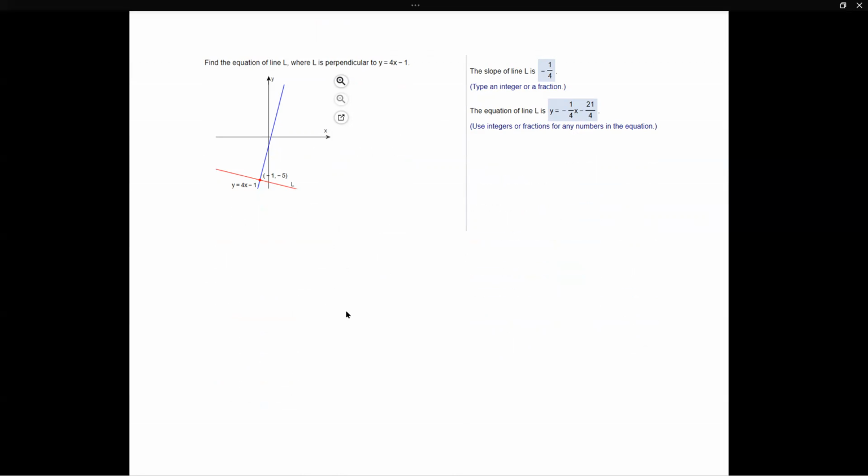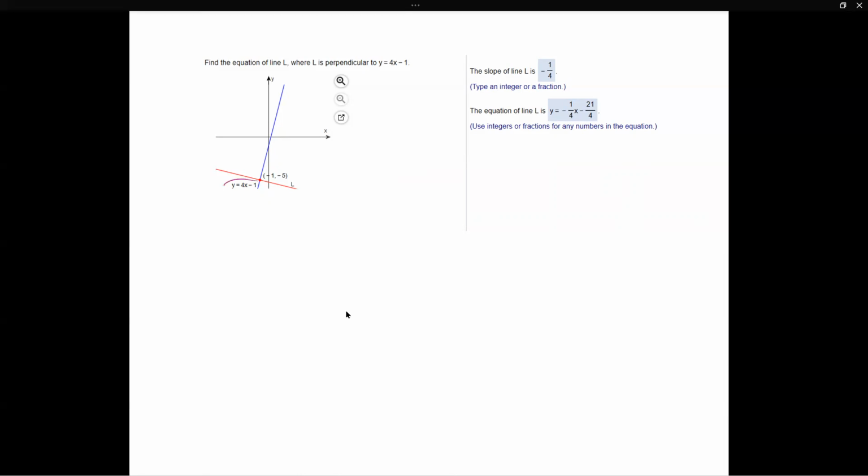We have a line that is y equal 4x minus 1. And we need to find the slope of the line that is perpendicular to this line. All right, so let's look at the graph.